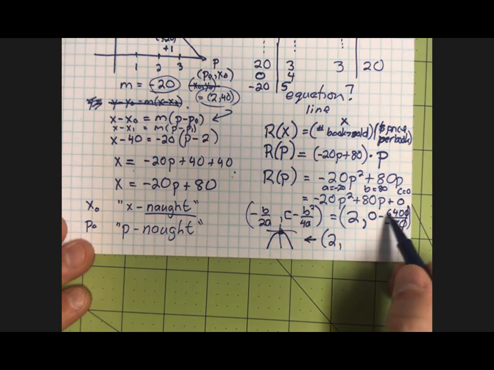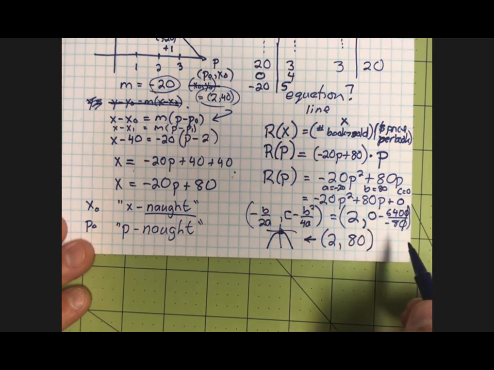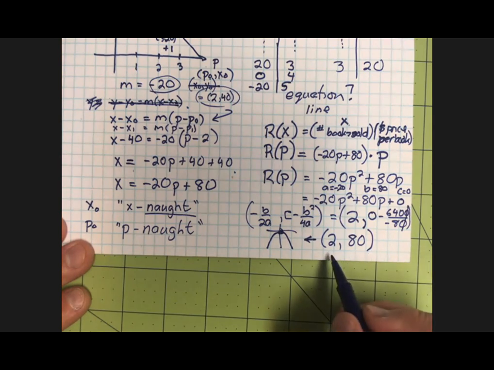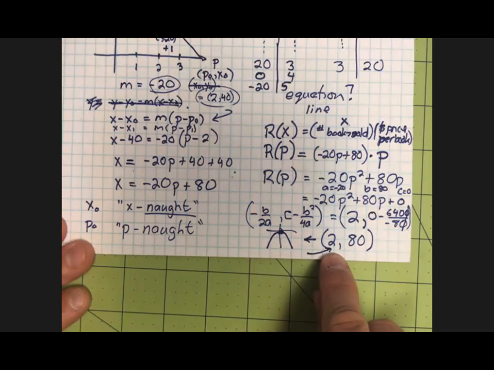Cross out one of the zeros. 640 divided by 8 is 80. Now we're going to put that into a graph. But what I've just learned is that the top of that parabola is when P is 2 and I will make $80. And apparently that is the best I can do.